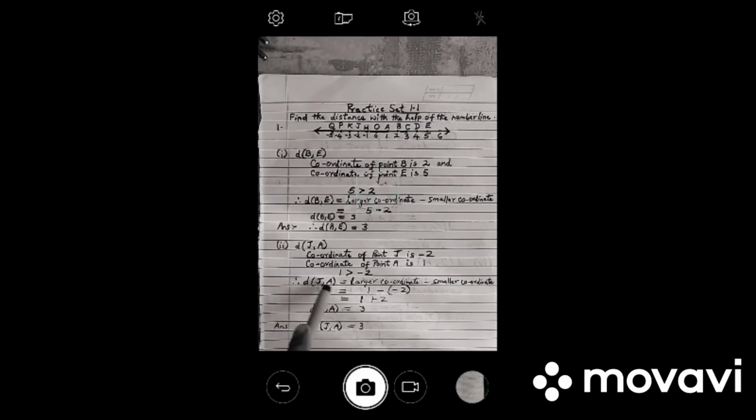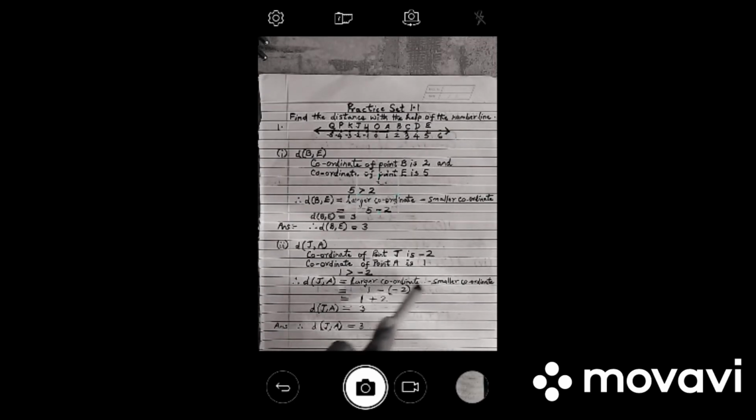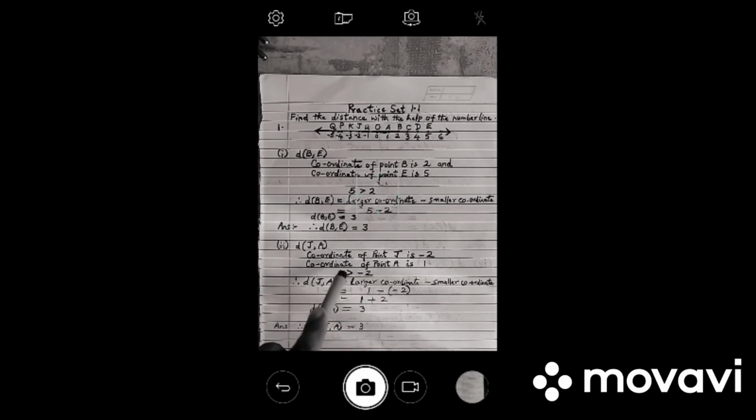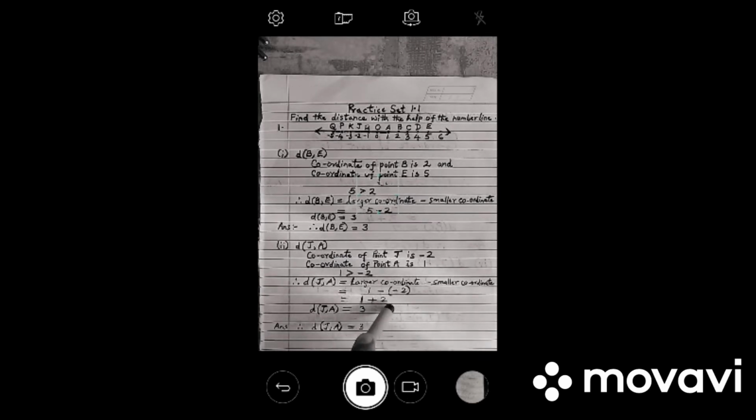Therefore, distance JA is equal to larger coordinate minus smaller coordinate. So the larger coordinate is 1. So that is equal to 1 minus of minus 2. And that is equal to 1 plus 2. Therefore, distance JA is equal to 3. So therefore, the answer is distance JA is equal to 3.